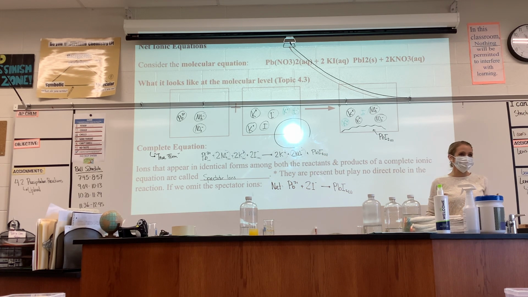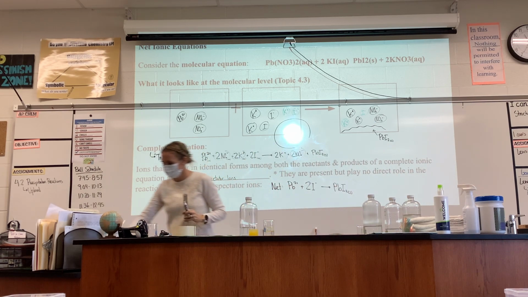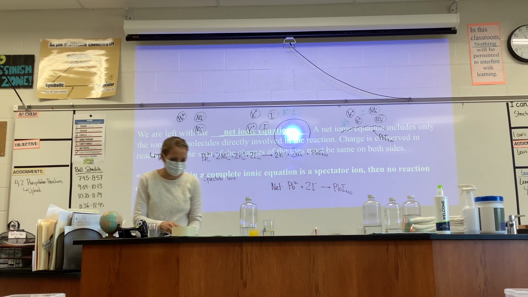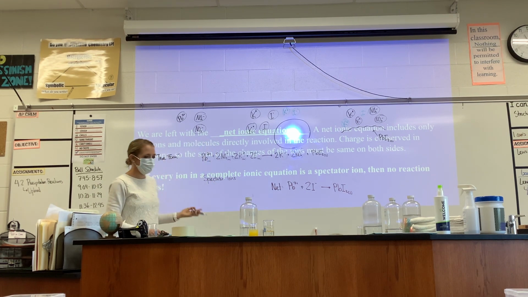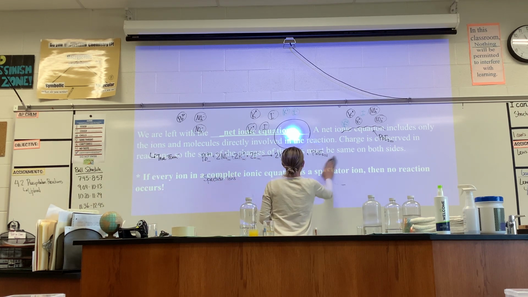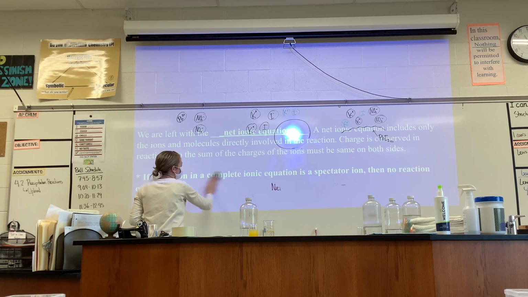But if you need that visually, you're welcome to. General questions right now? Okay, let's try a practice problem. So what we're left with is the net ionic equation, which only includes what's turning into the precipitate.